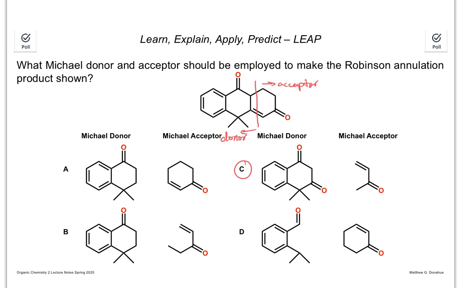Because you're identifying the aldol dehydration bond disconnect, the Michael bond disconnect of that 6-membered ring, two of them come from the donor, and then 4 of them come from the acceptor.